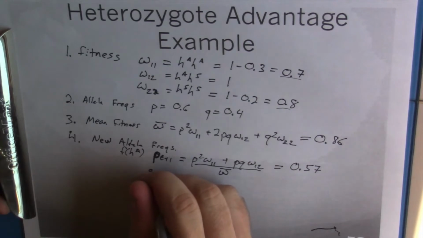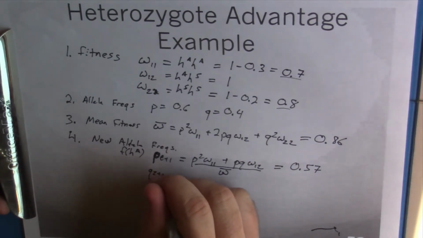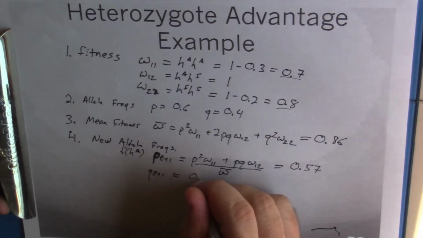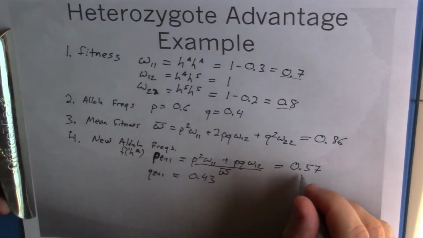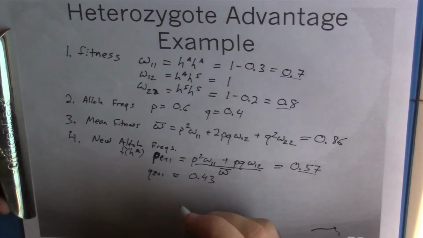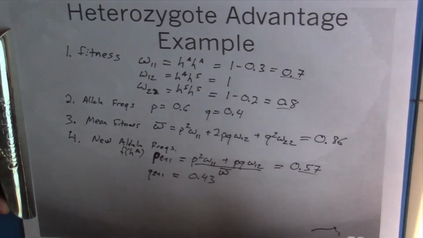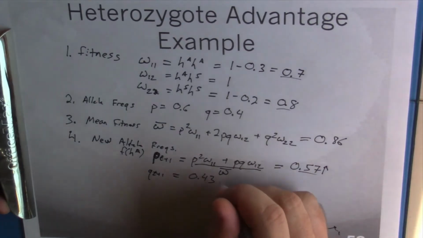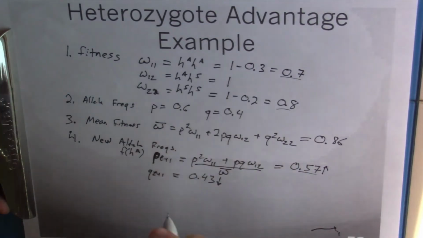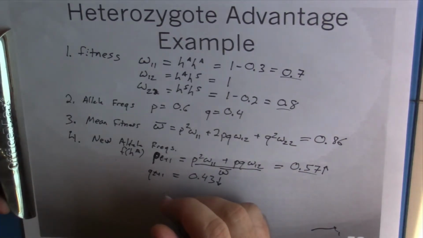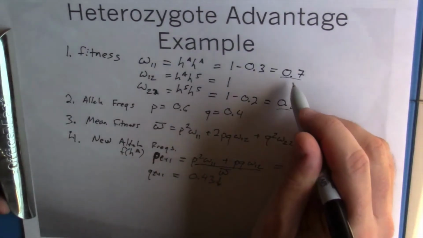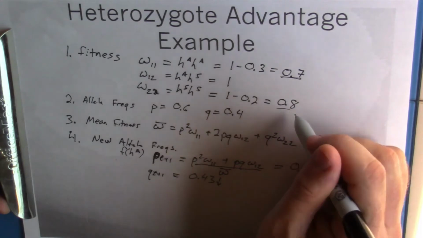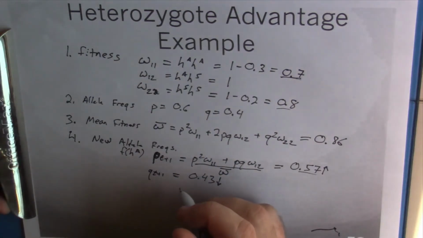And then we can easily figure out that q at t plus 1 is equal to 0.43, 1 minus 0.57. So we notice in this case that the frequency of p has gone up, frequency of q has gone down. That's because there's stronger selection on the homozygote for the healthy allele than there is for the homozygote for the sickle cell allele.